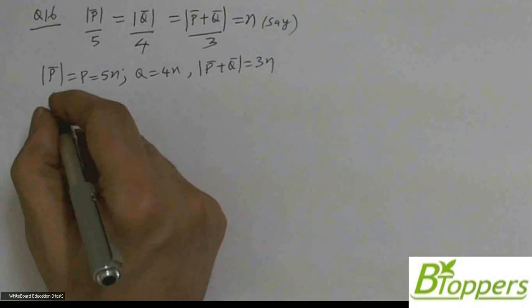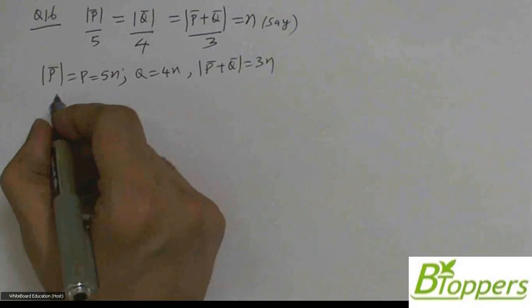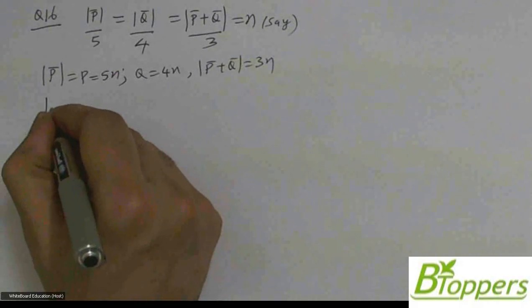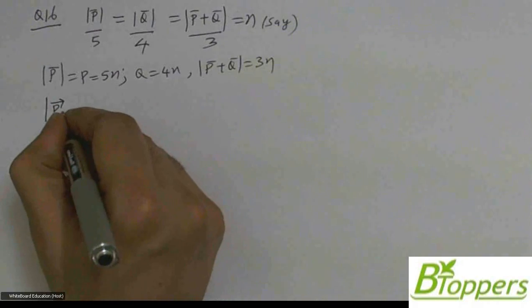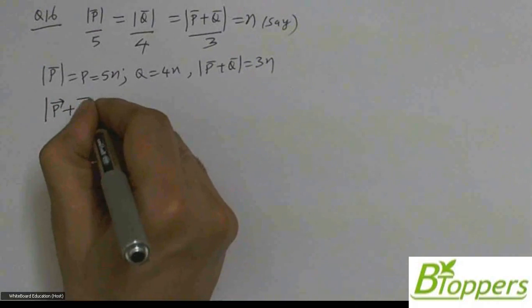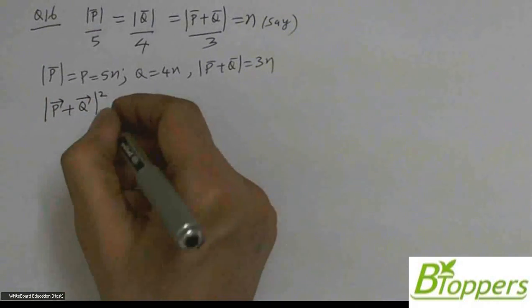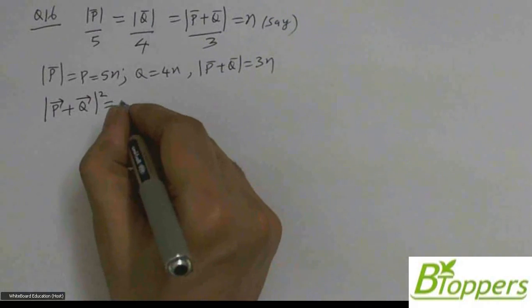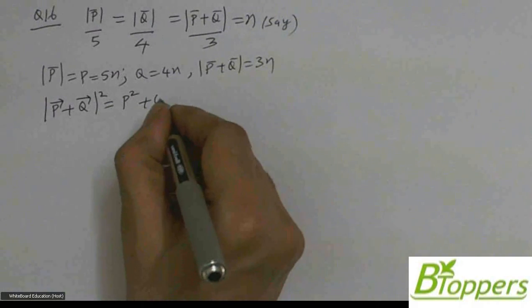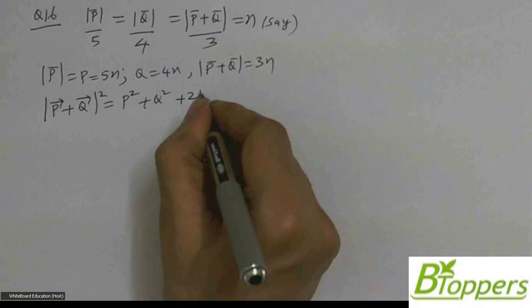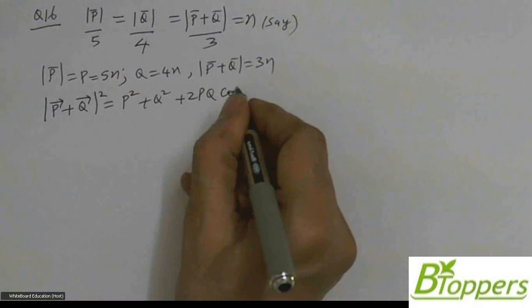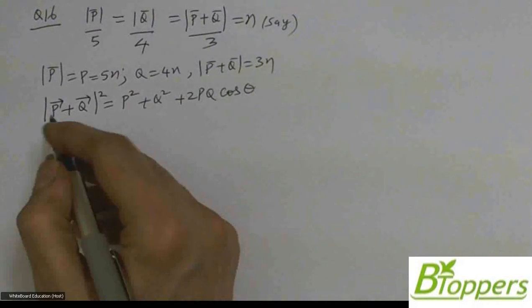Now if theta is the angle between the vectors p bar and q bar, then we know that square of the magnitude of the resultant of p bar and q bar equal to p square plus q square plus 2pq cos theta.